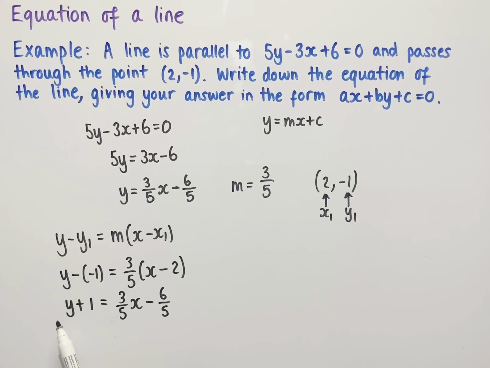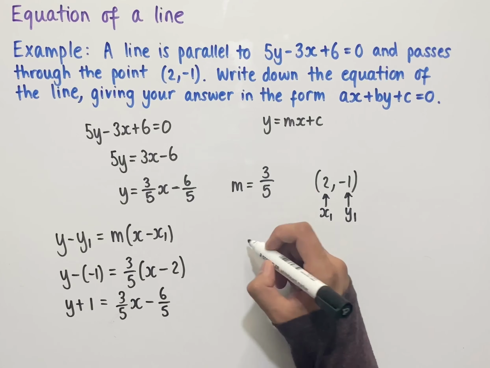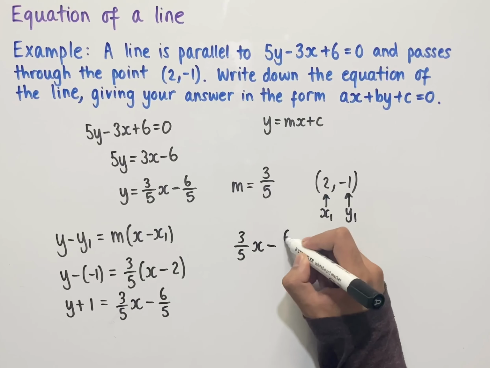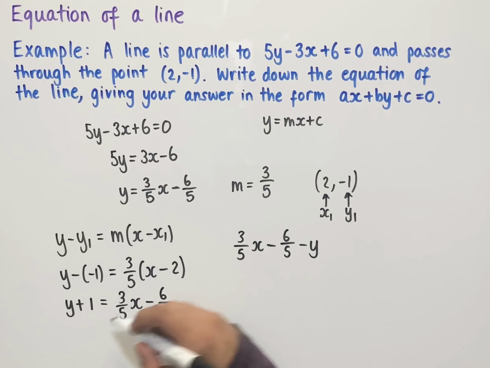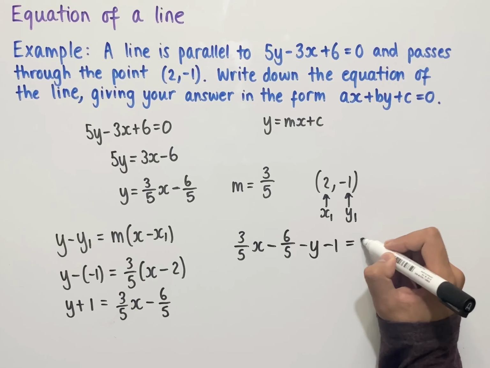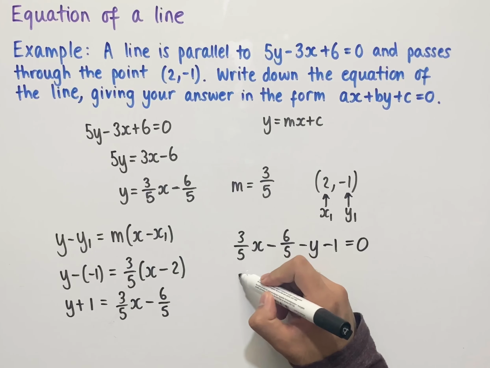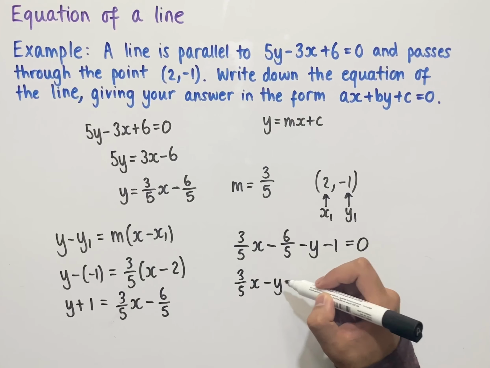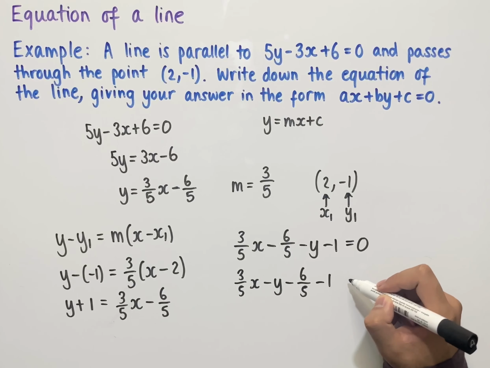And so we're going to take away y and we're going to take away 1 from both sides, which will give us 3 over 5 x minus 6 over 5, minus y, minus 1, and all of this will equal 0. So if we rewrite this in this order, then we have 3 over 5 x, and now we're going to write minus y, and then we have minus 6 over 5 minus 1, which equals 0.